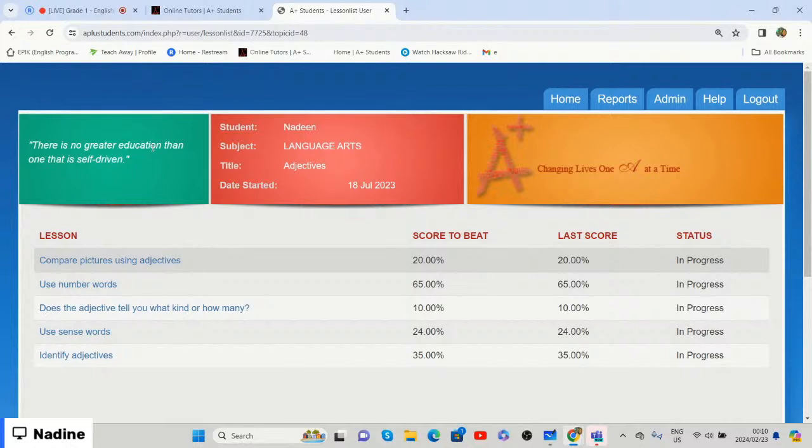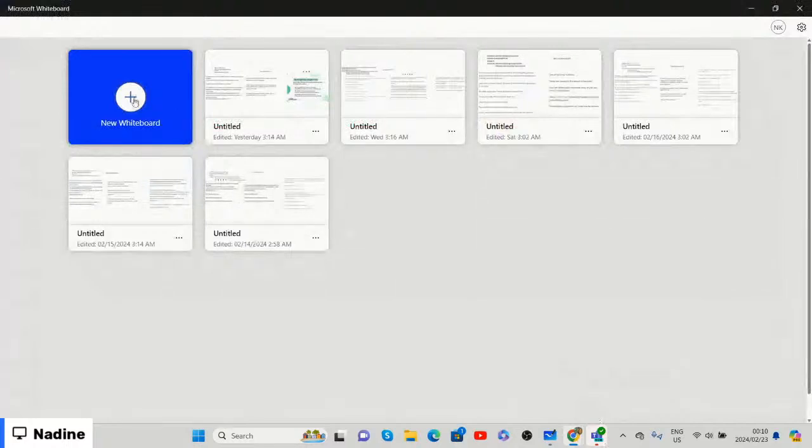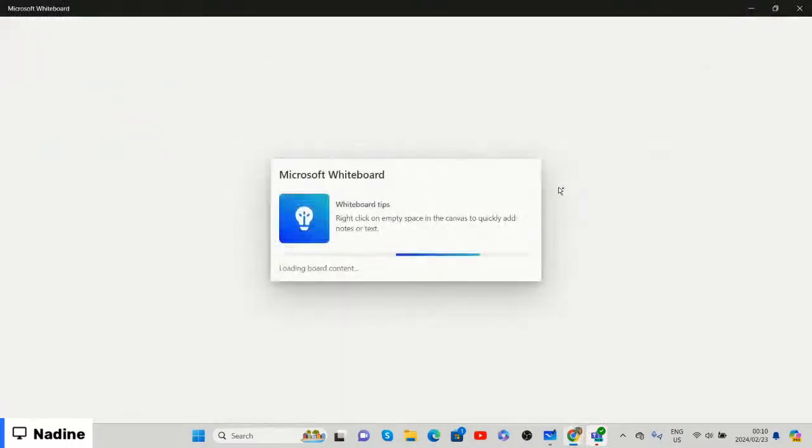When we compare pictures using adjectives, we will be able to see how they describe the noun, because an adjective describes a noun. When it describes a noun, it basically tells us what kind, and it also tells us how many.